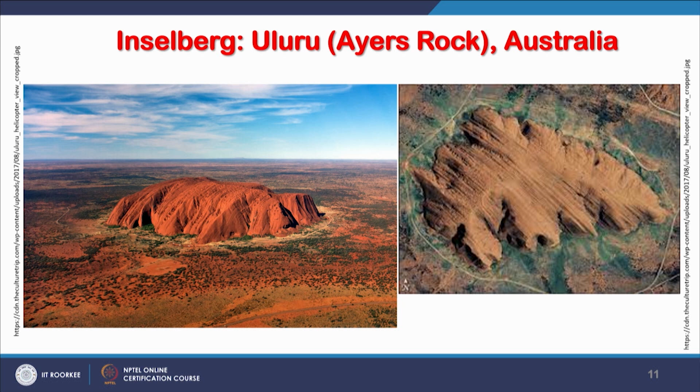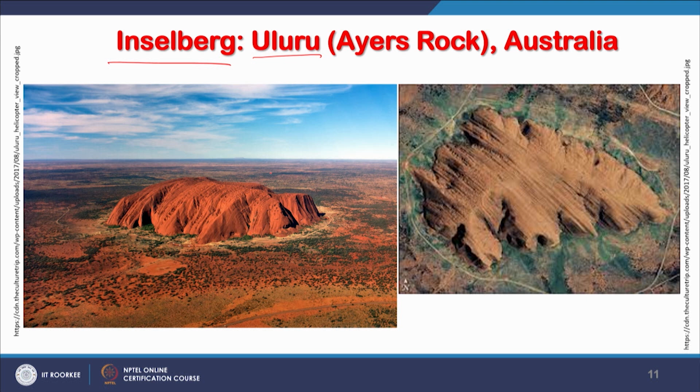This is a very famous Inselberg, so I thought I would bring it here: Uluru, or Ayers Rock, in Australia. World famous. See, the surroundings are completely flat, but all of a sudden you find a big rock body standing out relative to the ground.